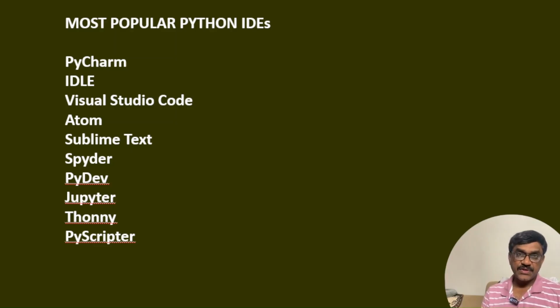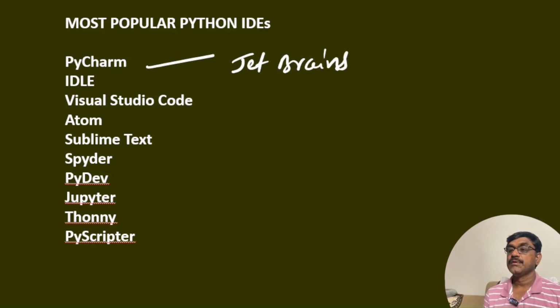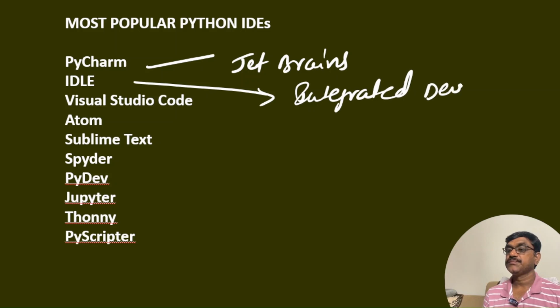Now we will see some of the important IDEs for Python. We have used Visual Studio Code for installation. Other than Visual Studio Code, we have PyCharm. PyCharm is from JetBrains, right? Next, we have IDLE. IDLE stands for integrated development and learning environment.